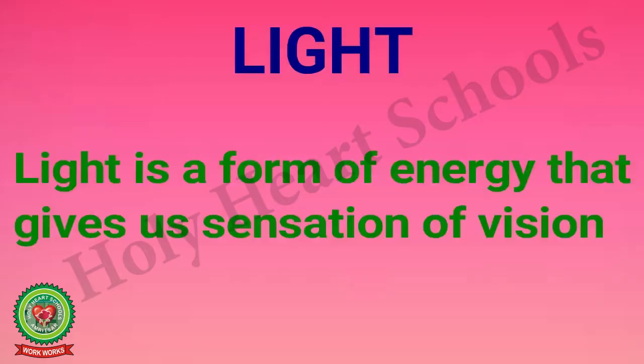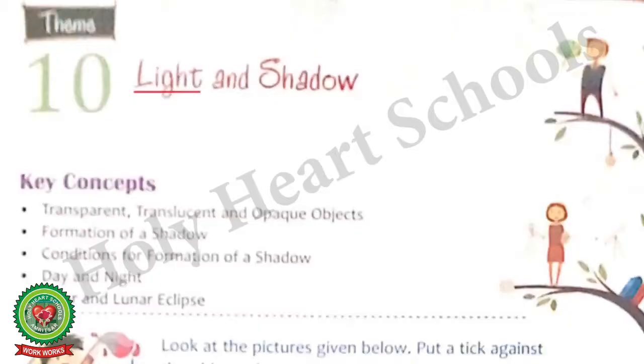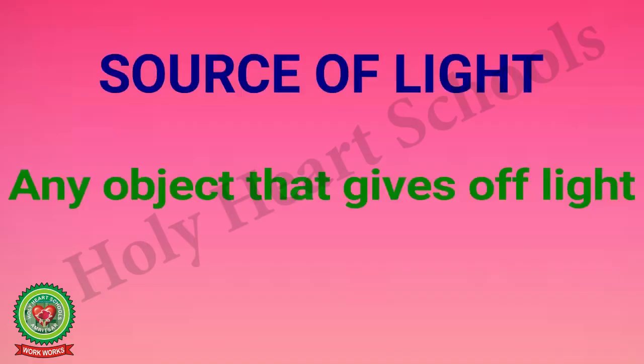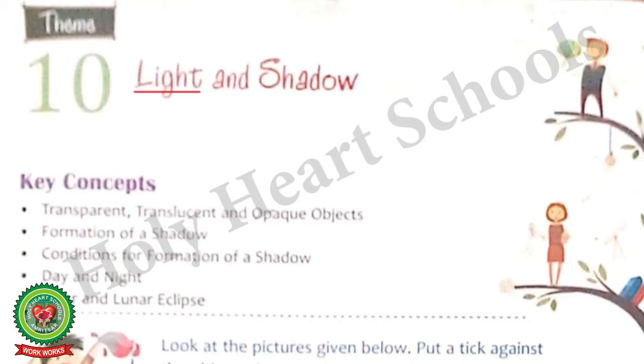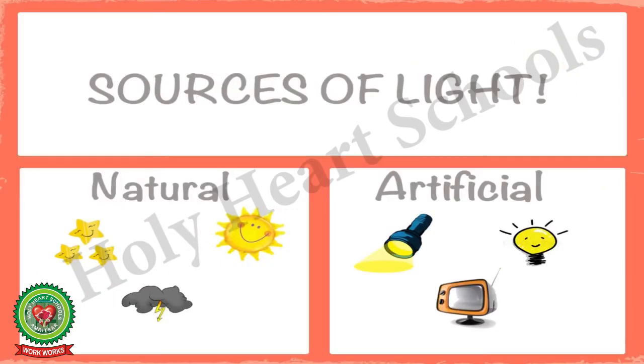Light is a form of energy that gives us sensation of vision. It travels very fast. We get light from different sources. Any object that gives off light is called a source of light. There are basically two sources of light: natural source and artificial source of light.